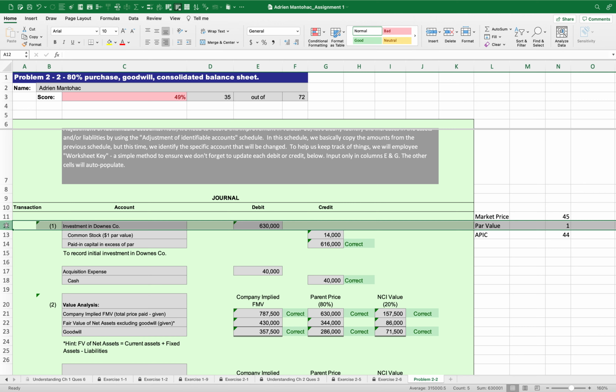Because you own 80% of them. And you have a bunch of these investments in Down Company, investments in XYZ Company. It is sort of misleading to the end user when you really are the parent. Because if you're really the parent, then you really shouldn't even have an investment in a subsidiary on a consolidated balance sheet. In fact, this account really shouldn't exist in a consolidated balance sheet, right?